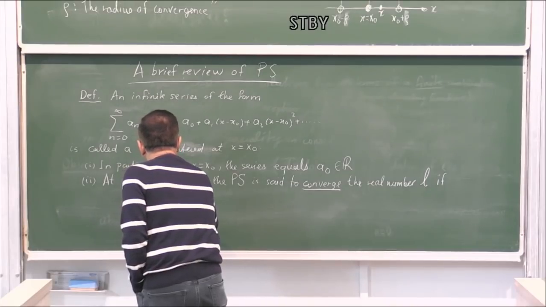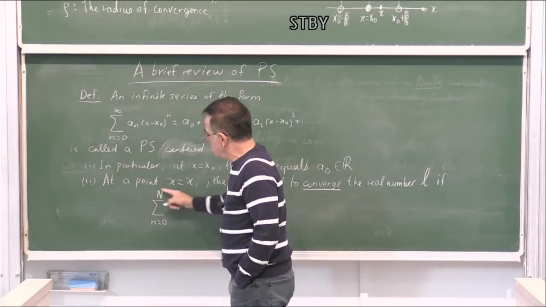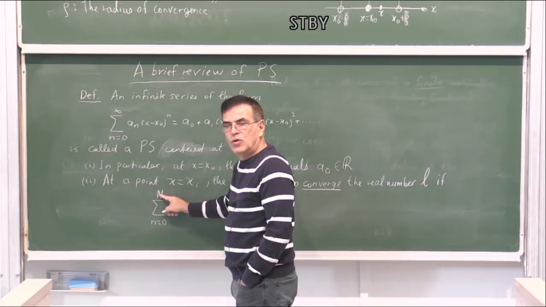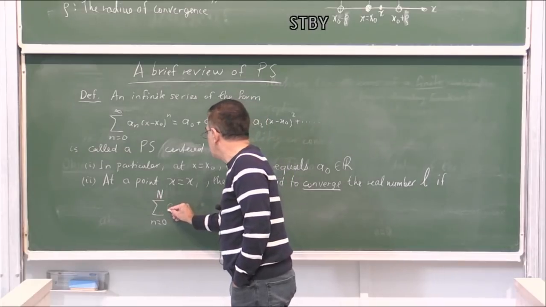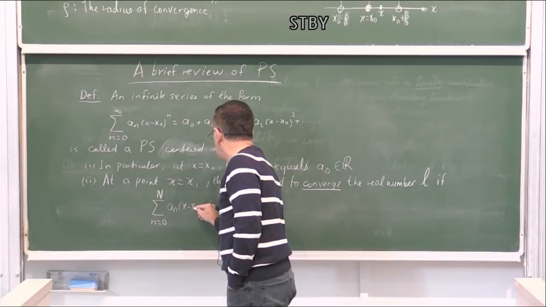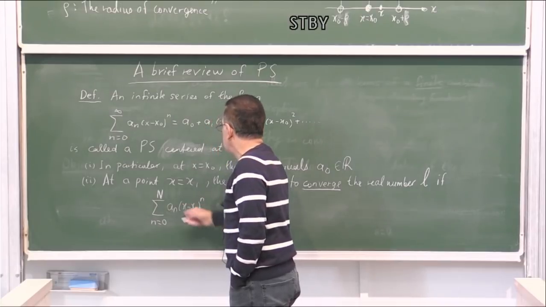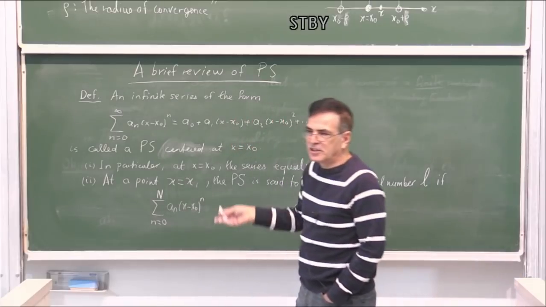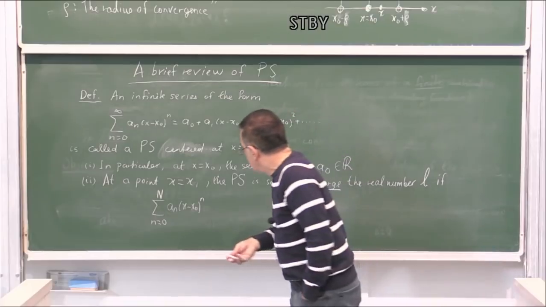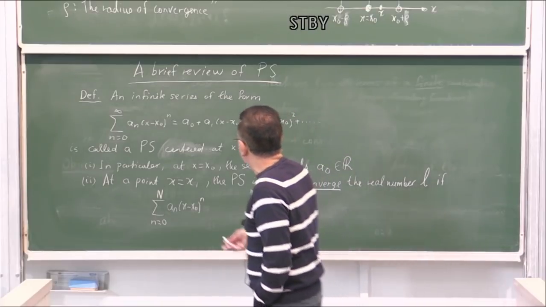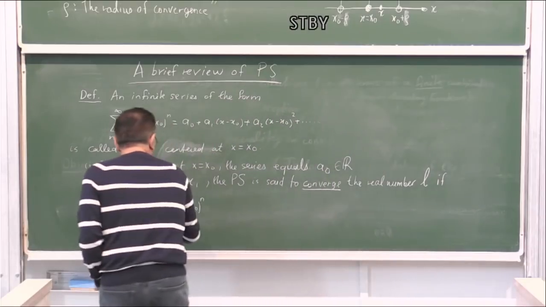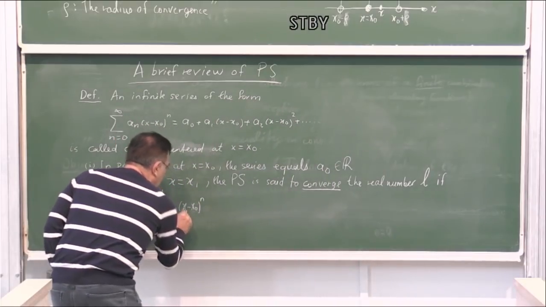we consider first the finite sum from 0 to a big N of a_n (x minus x0) to the power n. In the notation of power series, this is called the nth partial sum of the series. Good. And we put x equal to x1.